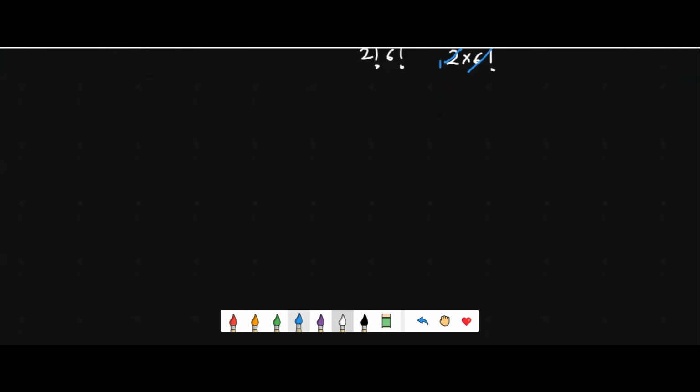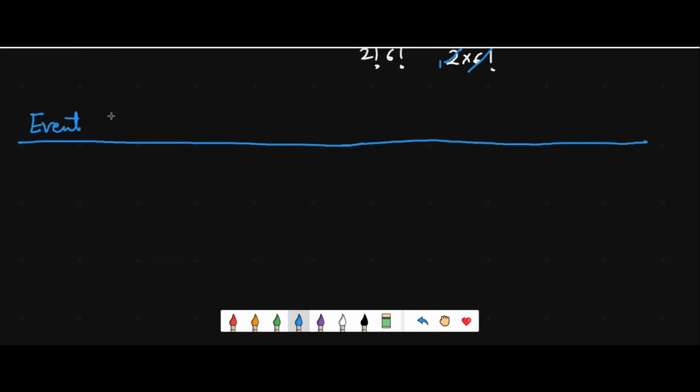Now let us make a table here. First of all, I'll be writing the event. Then the probabilities, so the P(x) equal to xi, or then the amount, that is my xi.